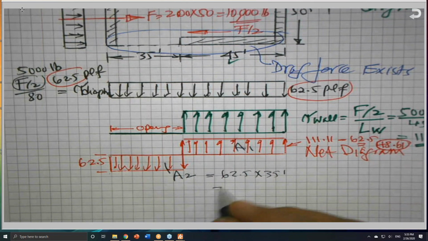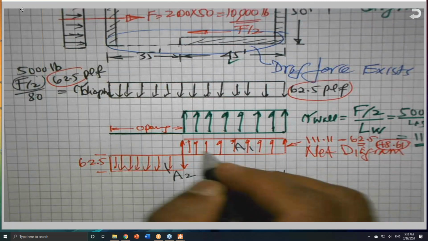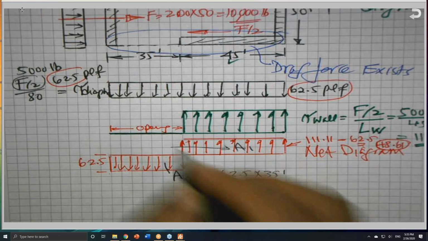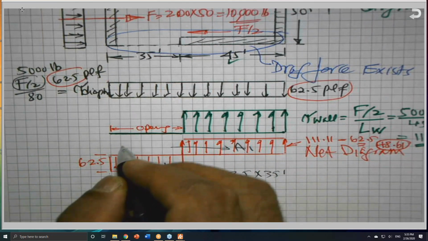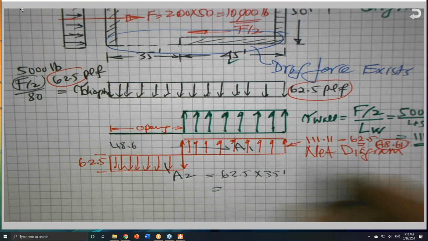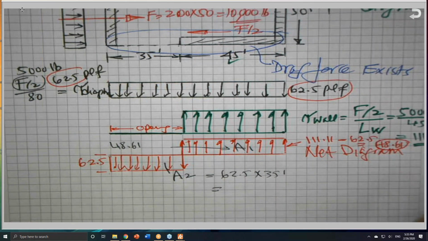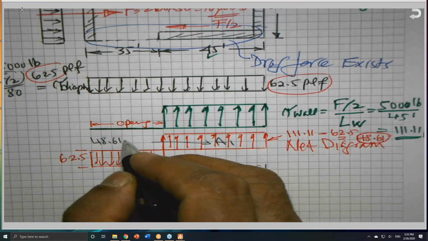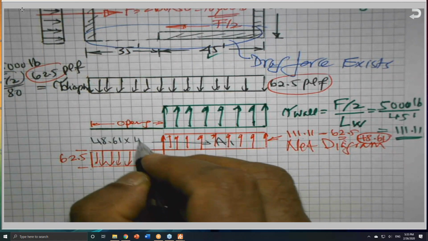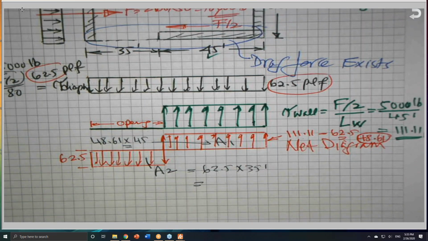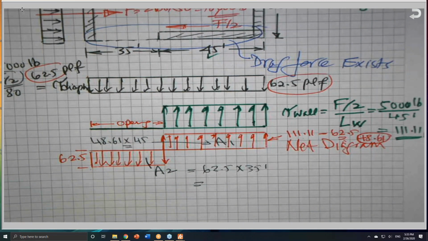And area 1, which is this area here, is 48.61, the difference between 111 and 62.5, times 45. If these two areas come out the same, that means that we did it right. They should be equal.